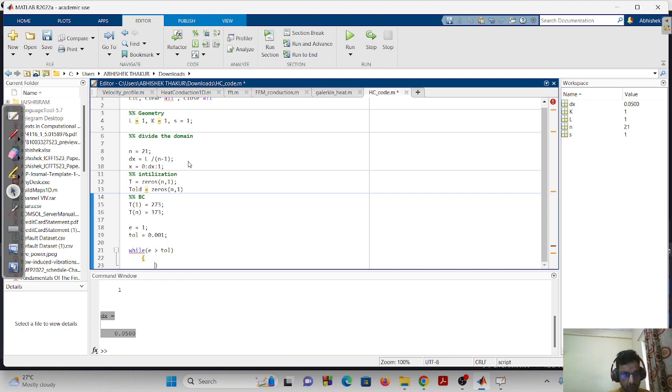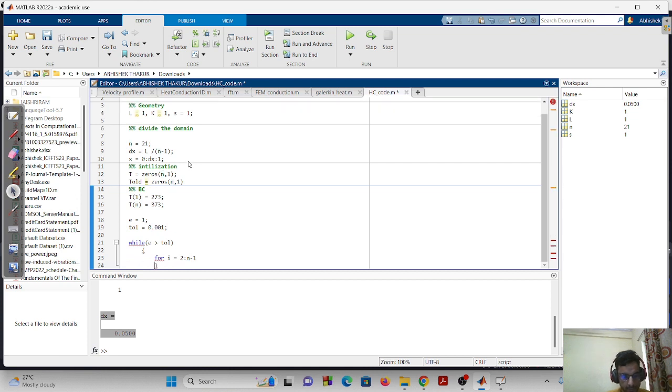The error for the first loop is greater than the tolerance. So what we do is we simply use a for loop. We say for i equal to 2 to n minus 1, so we are not including the boundary points, that is i equal to 1 and n.